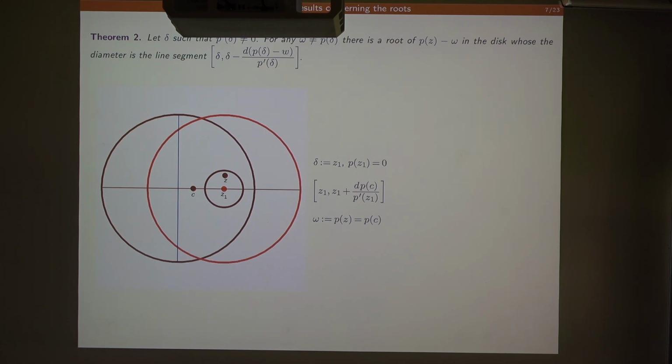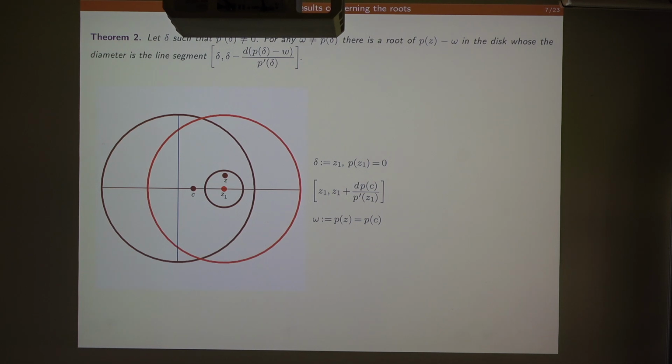And you apply this result to this situation. Okay. And there is a corollary of this result which permits to localize the roots of the derivative with respect to the roots of the polynomial. Okay?